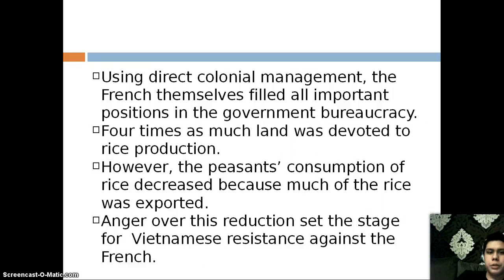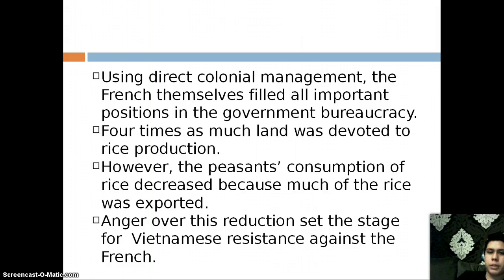Using direct colonial management, the French themselves filled all important positions in the government bureaucracy. I don't know how to pronounce it, but it means officials.